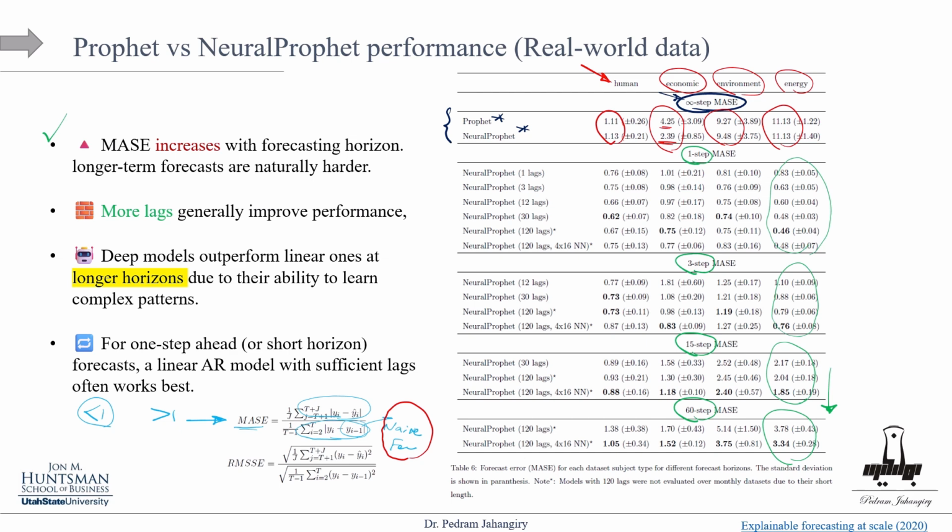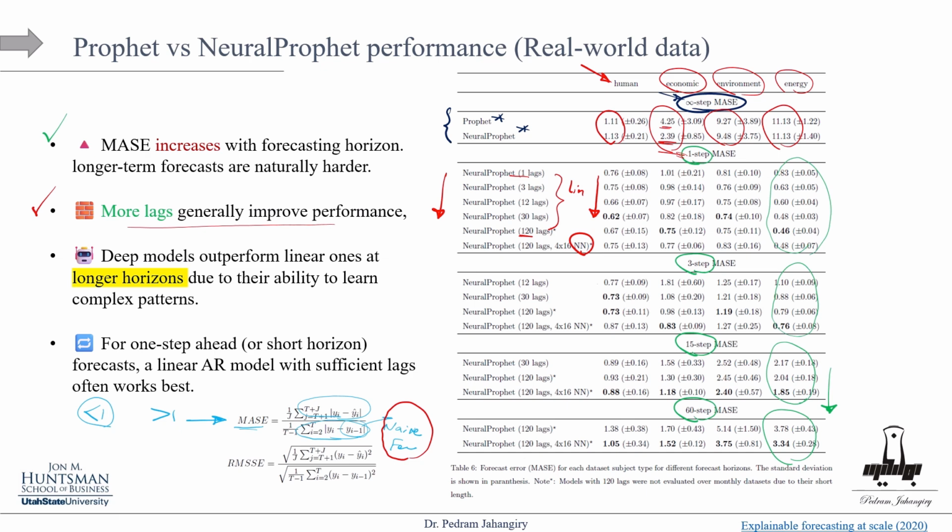Another one is more lags generally improve performance. We saw something like this for synthetic data, and it seems that for real time series data sets, that's still the case. So here, as we go from top to bottom, we're increasing the lags. We will go from 1 lag to 120. And remember, these are the linear version, and this is the neural network version, right? So as we go from 1 lag to 120, look at these things. Regardless of the time horizons, it seems that on average, the performance is getting better.